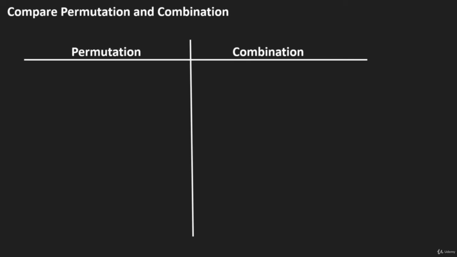In this video, let's summarize what we have learned so far in permutation and combination. For that, let's compare between permutation and combination. What's the notation for permutation? It's NPR, right? And what is the notation for combination? It's NCR. Alright, what's the meaning of NPR?